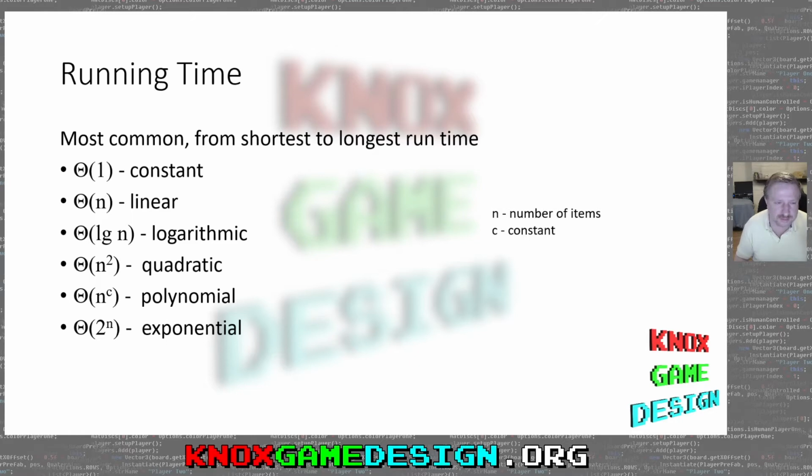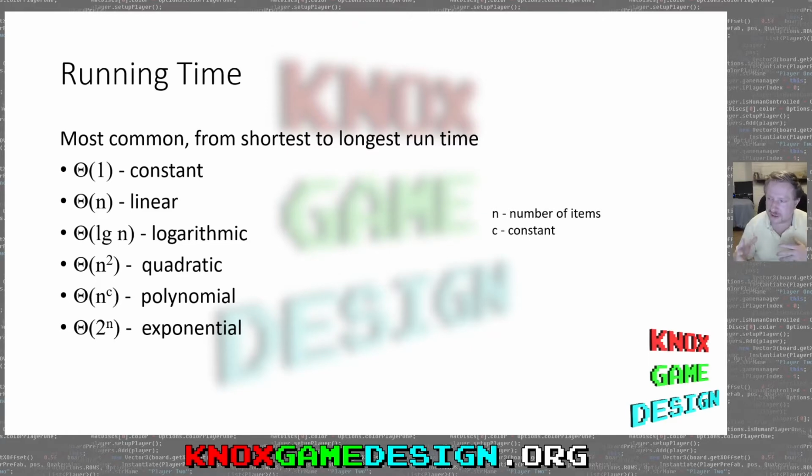So it's good to have logarithmic; it beats quadratic, polynomial, and exponential. Quadratic is a special case of polynomial, so that just means it's n squared runtime. Then polynomial means n to a constant value. And then exponential is 2 to the n. So that runtime is just going to shoot straight up.